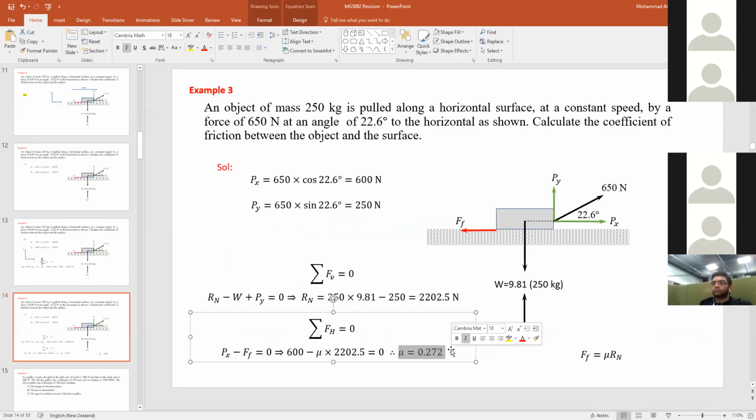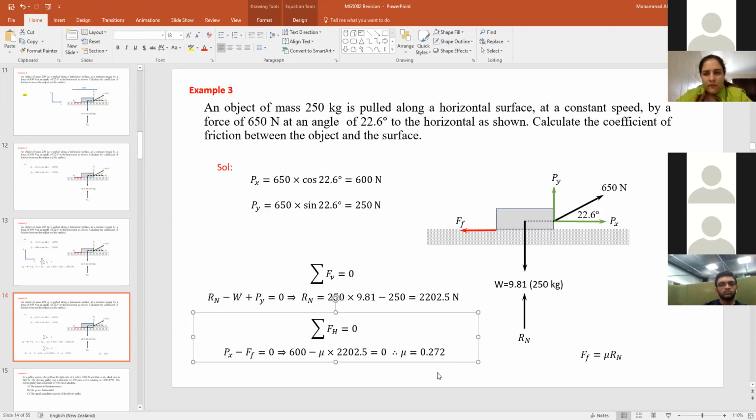Now the question: what's the dimension for the coefficient of friction? Any idea? Is it okay to submit the answer like that, or am I missing the dimensions? I'm waiting for answers. What's the dimension for the mu?